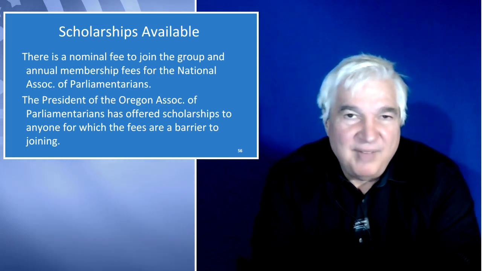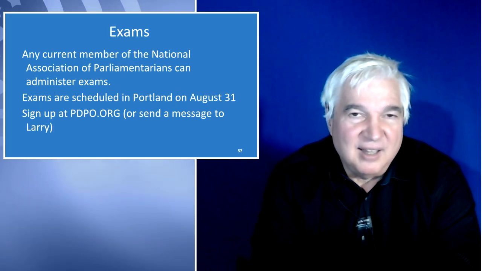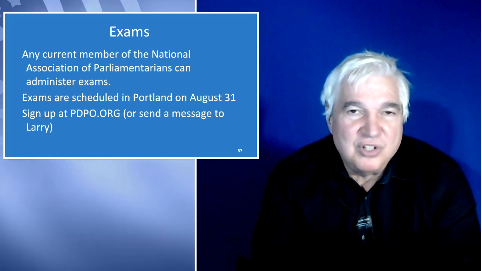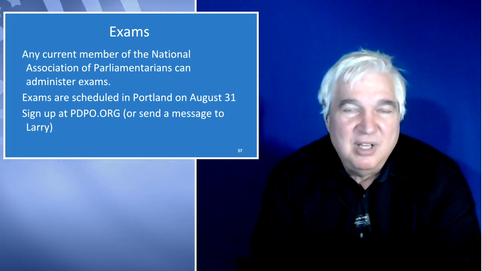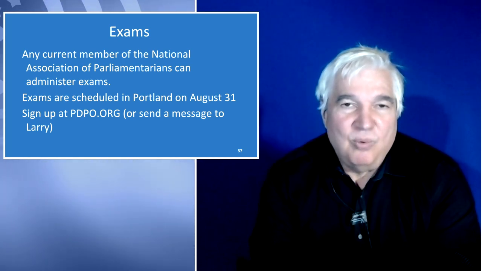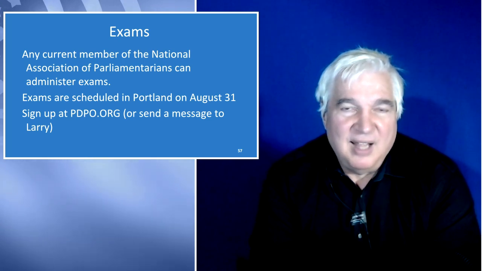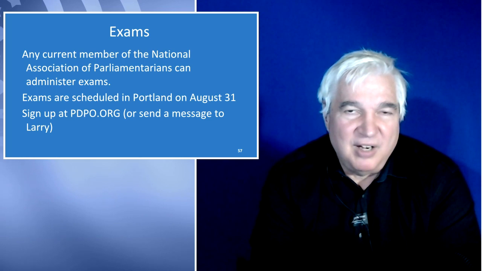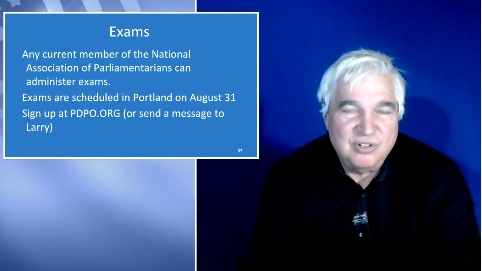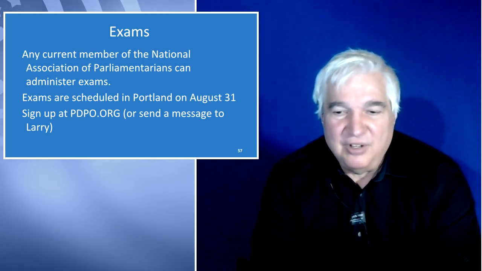And certainly if you have an organization like a labor union or a homeowners association, which is having problems, you want to get a registered parliamentarian at the very least, and preferably a professional parliamentarian, because you're treading in legal territory.